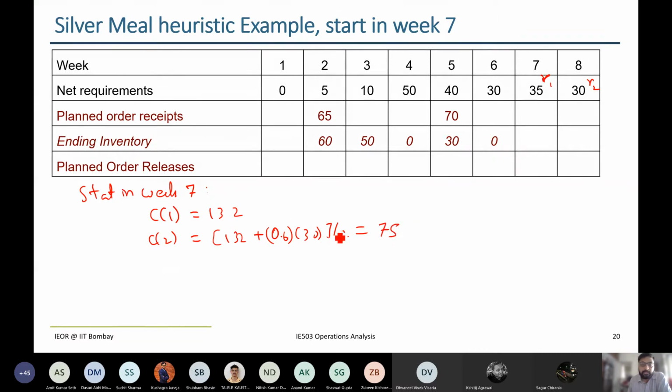I ran out of periods, but it's still decreasing, so I just stop there and just make the units as 65, 30, and 0, and get a planned order release. Now we have finished the entire table, so now I can just simply write it as 65, 70, and 65 as production quantities.